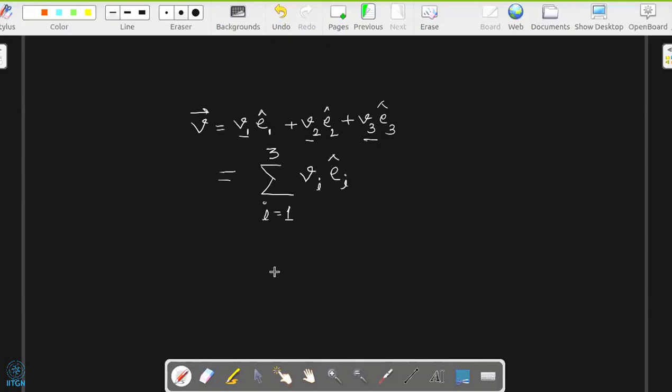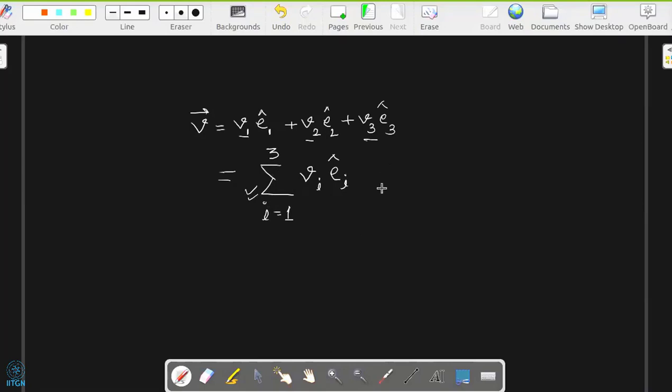We can write this. When we write this summation sign, we understand that this is the short form, and the expanded form is v1 e1 plus v2 e2 plus v3 e3, which is the meaning of this summation sign. Okay, now I do not want to carry this summation sign, right?